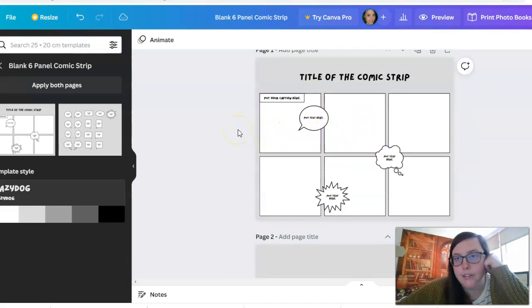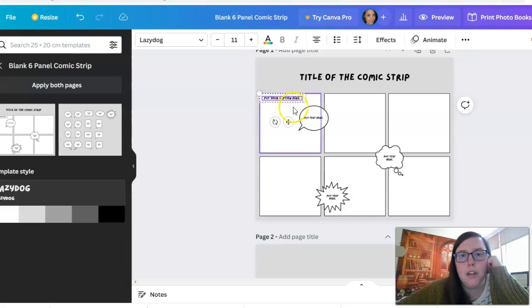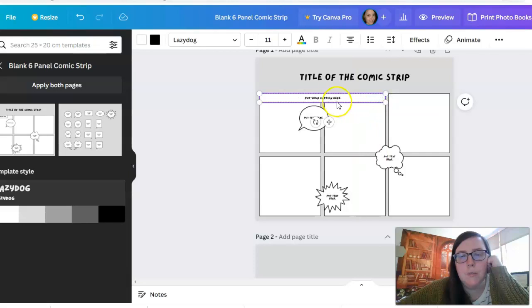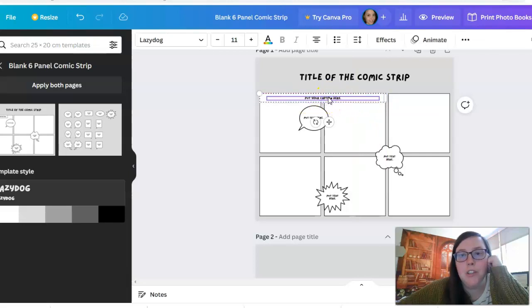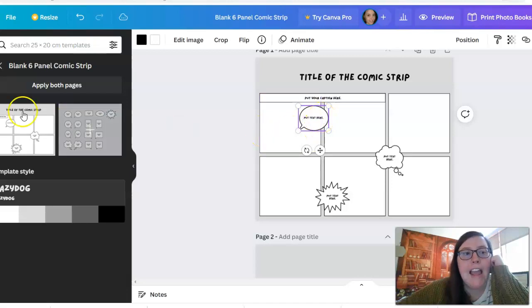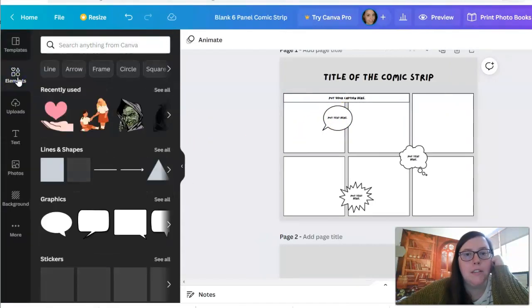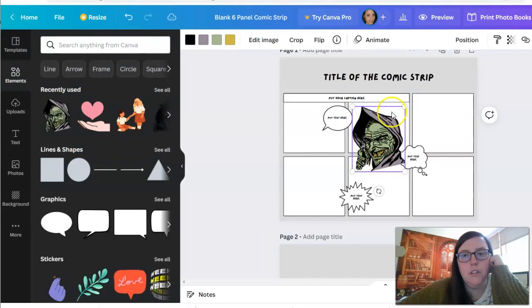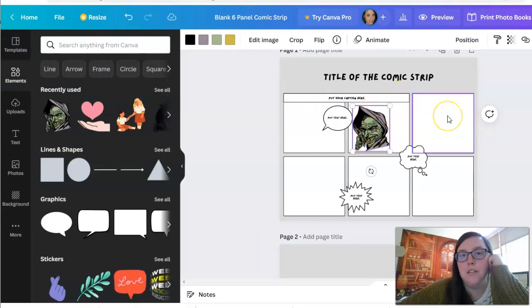All I ever did when I was working on my graphic bibliography was adjust the size or the span of my narrative captions, insert the content I needed, move around the position of my speech bubbles and the text that's associated, and then add elements to the various boxes.